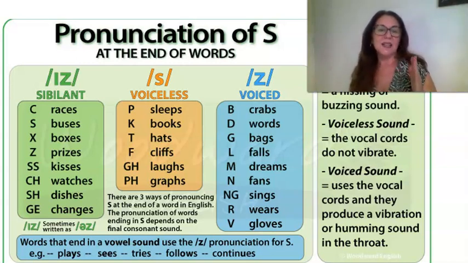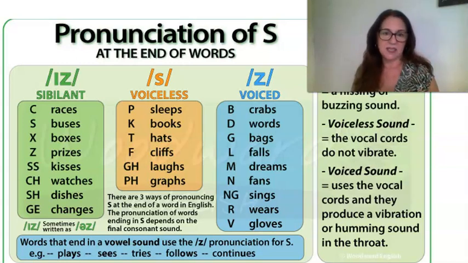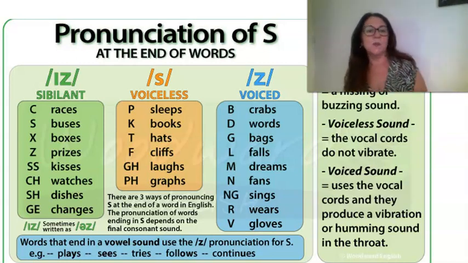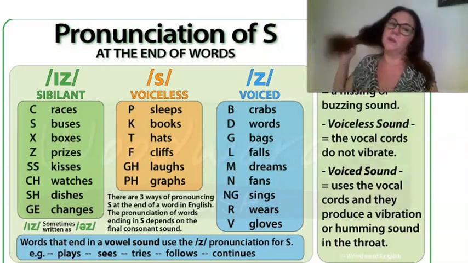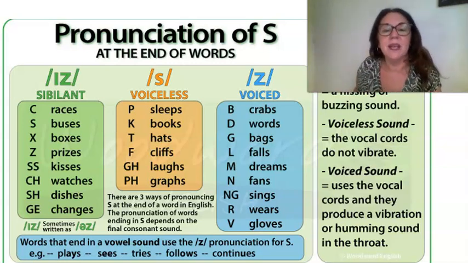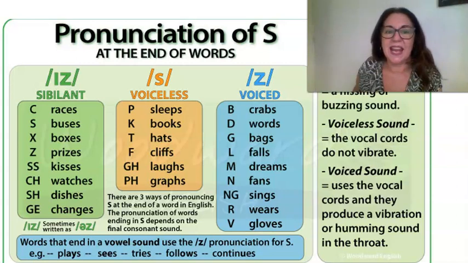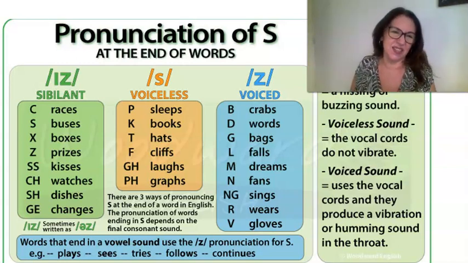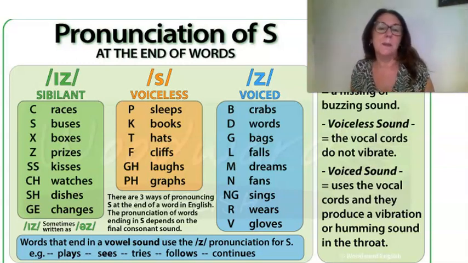When the final sound before the S is voiced, like the b, d, g sounds that we have in these examples, the S is pronounced Z. Okay, so let me pronounce them for you. Crabs, words, bags, falls, dreams, fans, sings, wears, gloves.